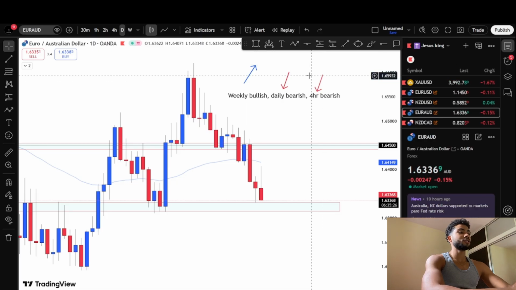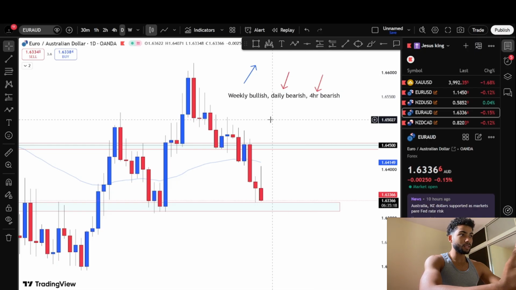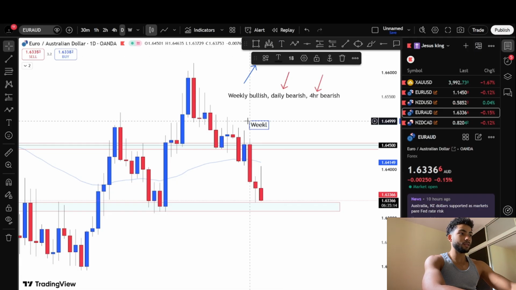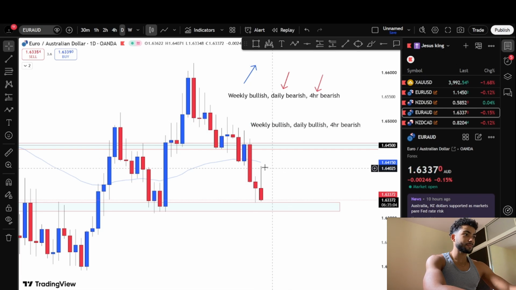I have two consecutive time frames in the same direction. It could also consist of the weekly and the daily. For example, if I have the weekly bullish and then daily bullish and 4 hour bearish.